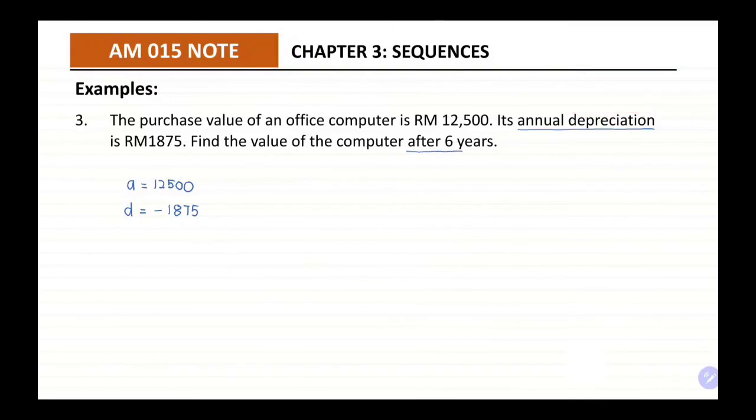After 6 years means we find T6, n equals 6. So the formula for T6, a is 12,500 plus n minus 1, so 5, and d is negative 1,875. So the value after 6 years is RM 3125.